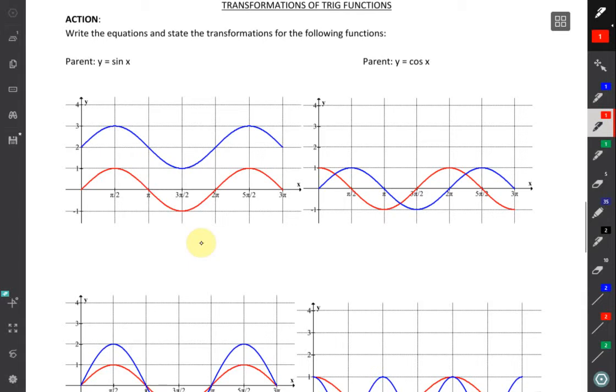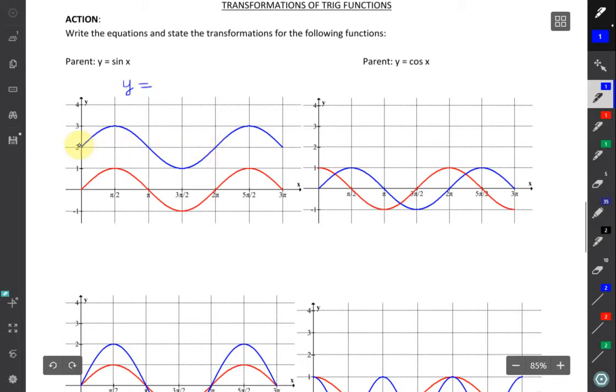So in this case, we're starting with a parent function that's a sine curve. So y equals, the amplitude is 1, so I don't need to put any number out in front. The period, looking from, say, here to this point, is 2 pi, so there's no k value.